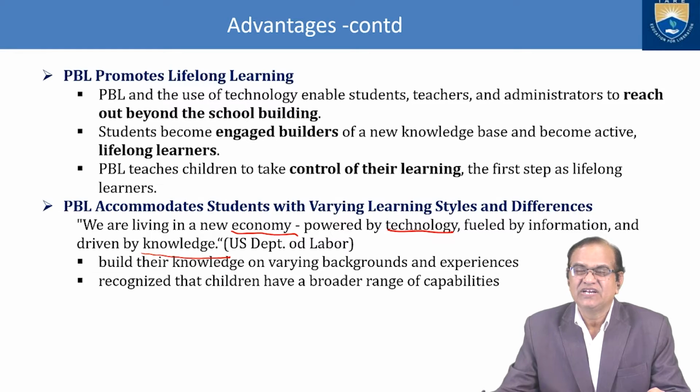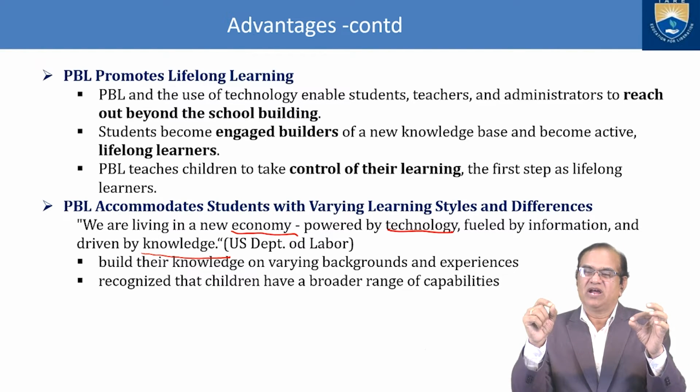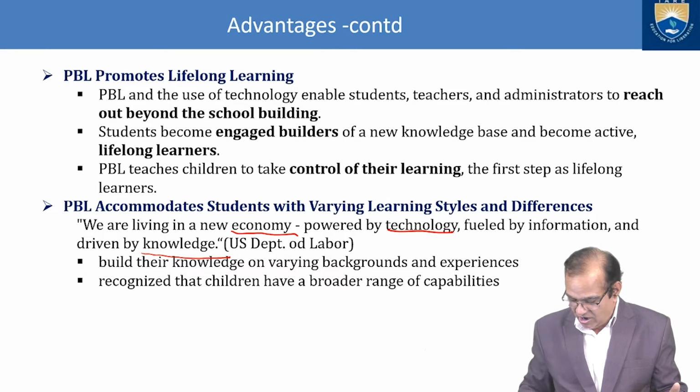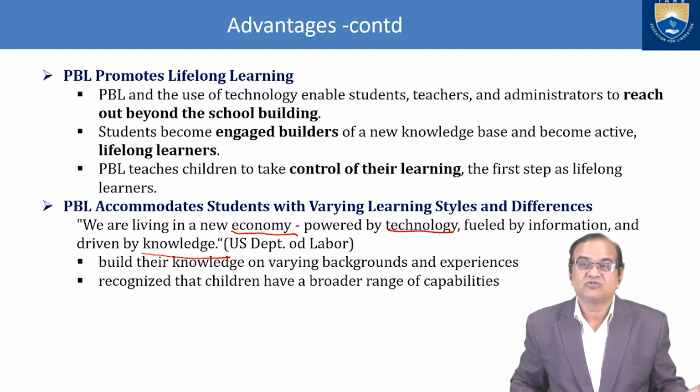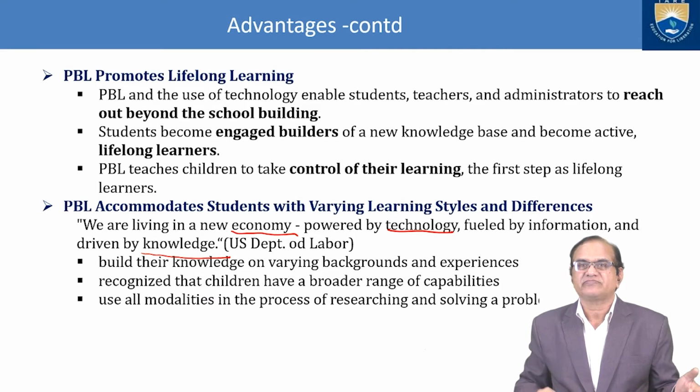Recognize that children have a broader range of capability. This also recognizes that it is not only learning in the book or doing some experiment in the lab; beyond that also people may have a lot of expertise. Children may have a lot of new things to do.